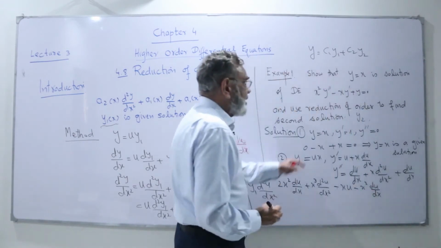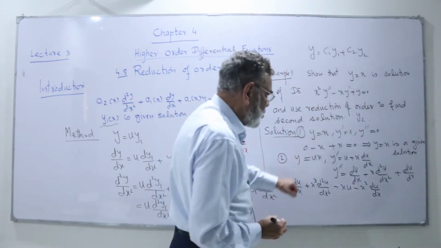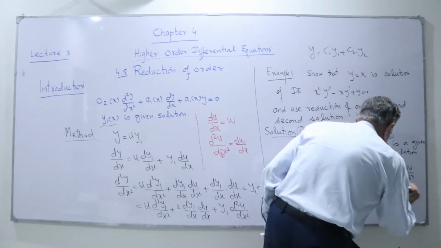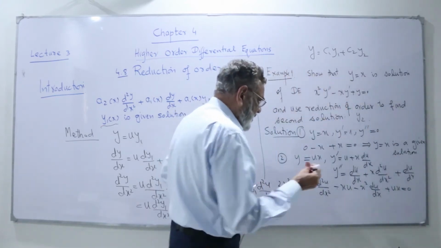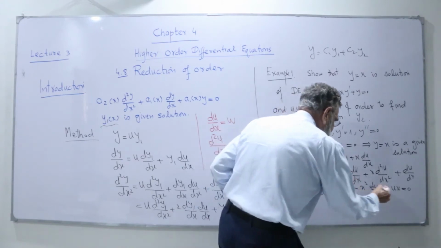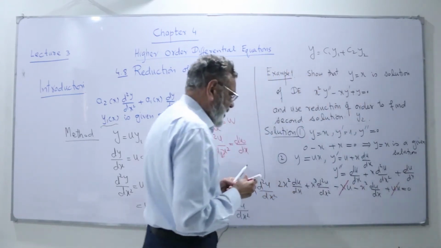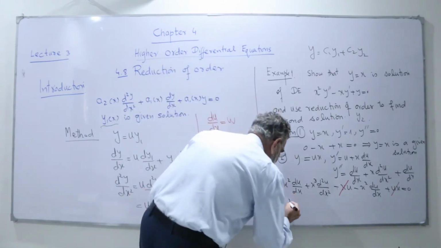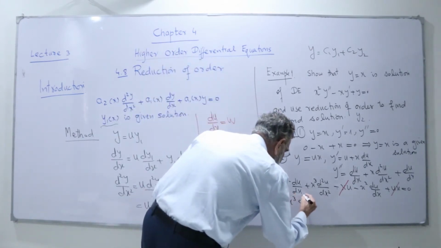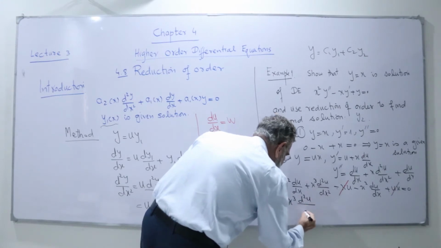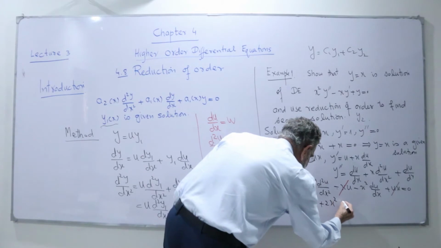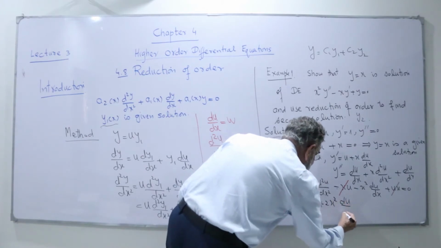Then we have plus y, and my y is ux, plus ux equal to 0. Now we can see very easily that ux cancels, plus ux and minus ux are cancelled. We rewrite with the highest order term first, and we get x cube d2u by dx square plus 2x square du by dx.